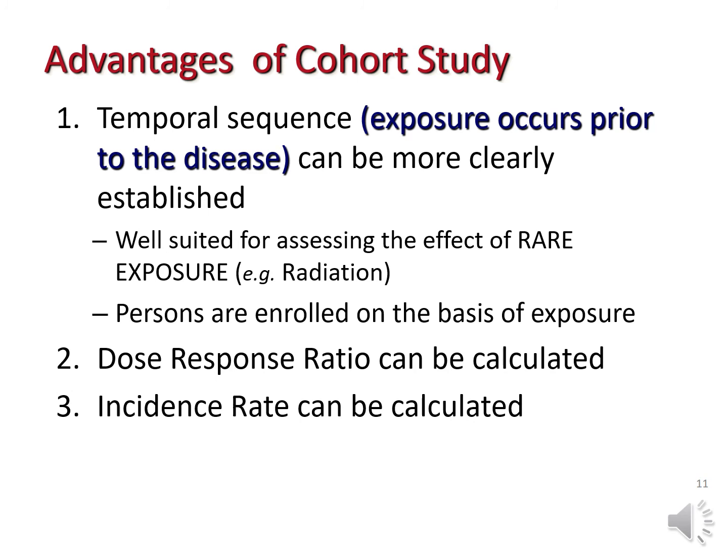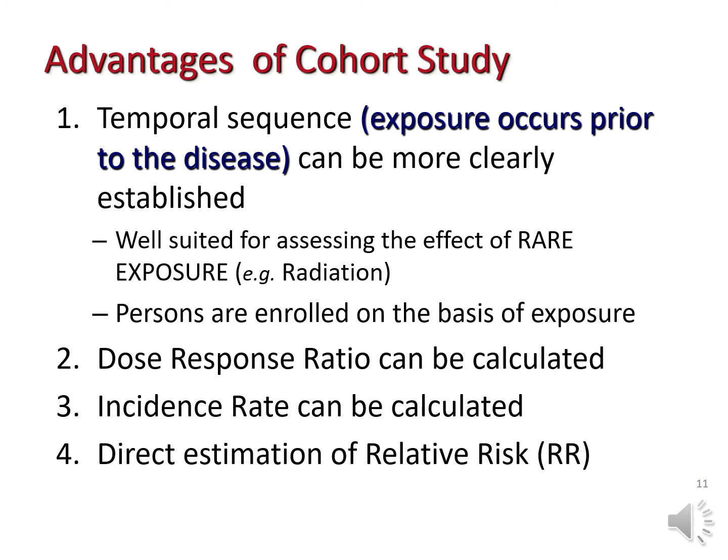Incidence can be calculated. It is therefore also called incidence study. When incidence is there, direct estimate of relative risk is also possible, and we can also calculate attributable risk and population attributable risk.